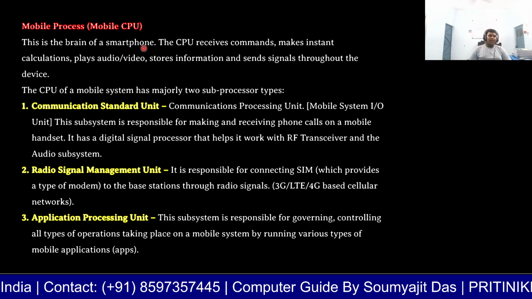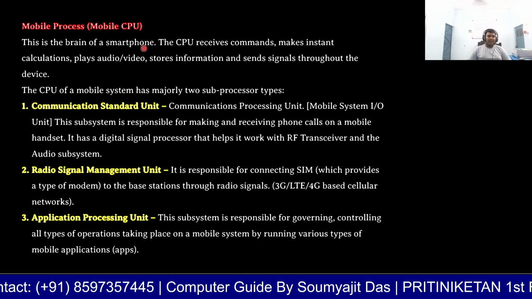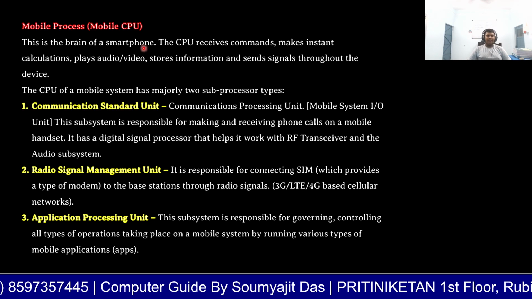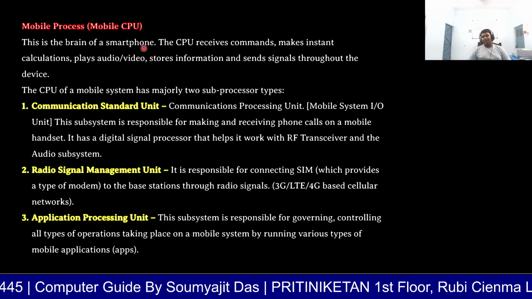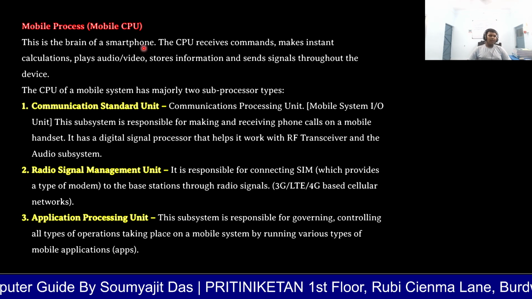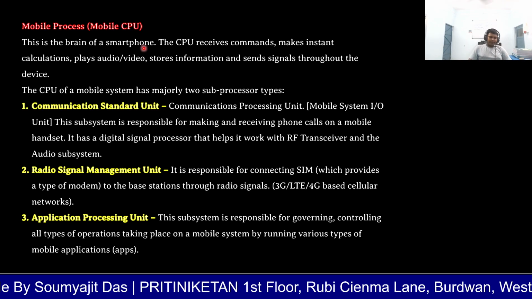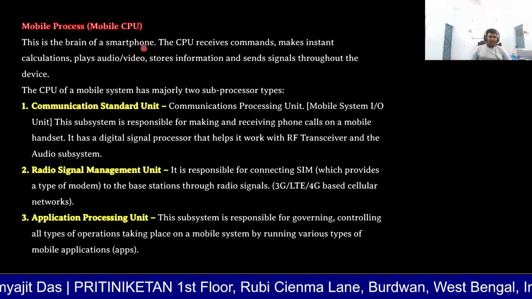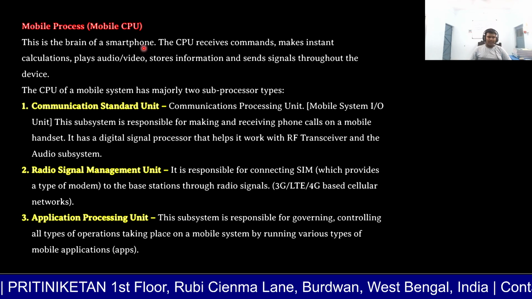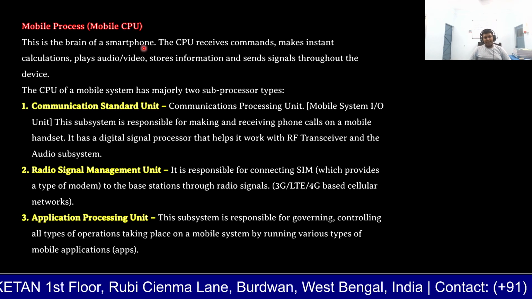Next, the radio signal management unit is responsible for connecting the SIM to the cellular network. The application processing unit helps to govern the mobile system by running various types of mobile apps.